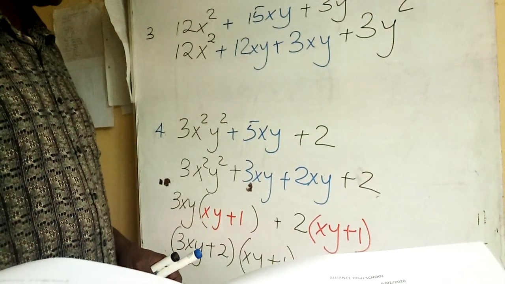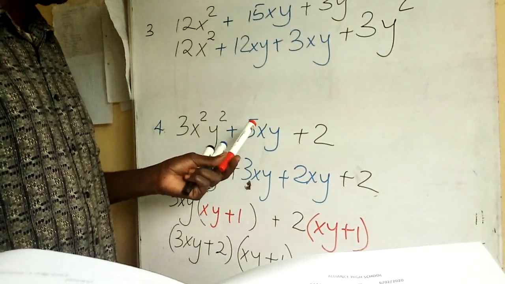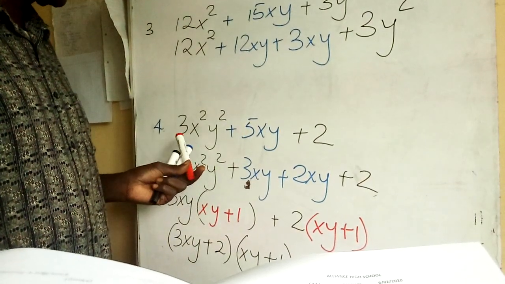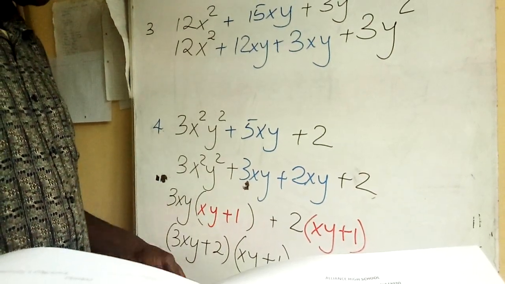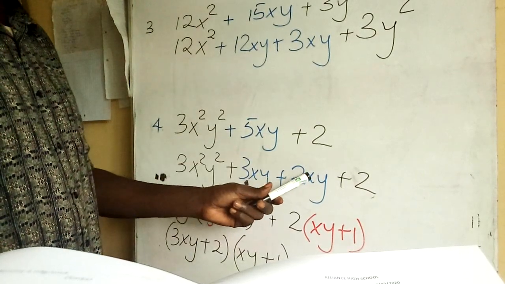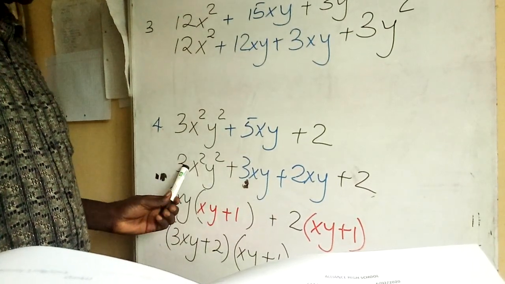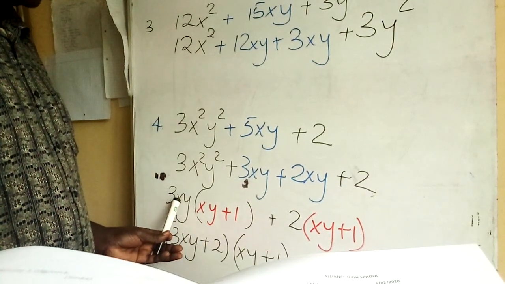So I want two figures that, when you add, give you 5, but when you multiply, give you 6. Then I put them there. I replace 5xy with 3xy plus 2xy. Factorization by pairing. I factorize 3xy.